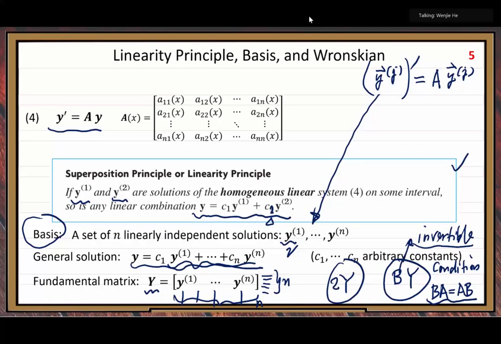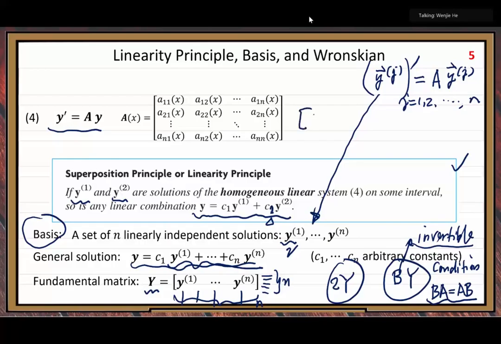Now I apply this. I make this j from 1 through n. I apply it n times, each time with a different j superscript. All true, right? Can I put all those things together? Can I pack them?